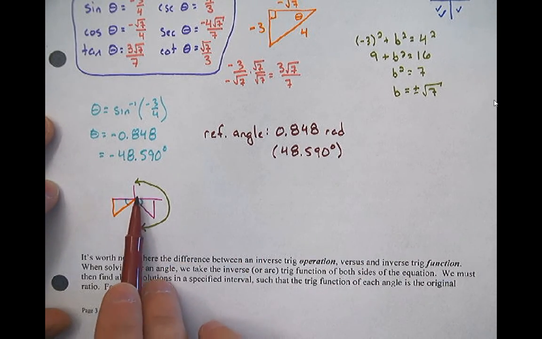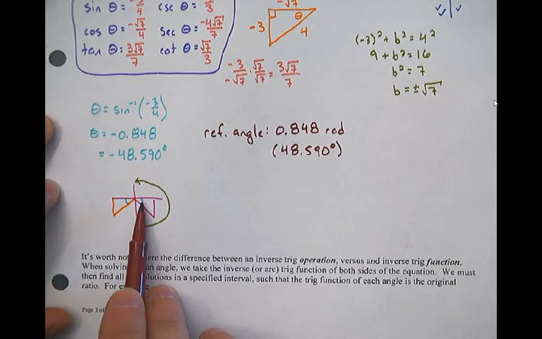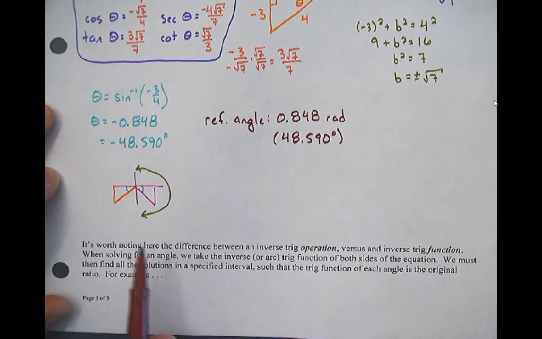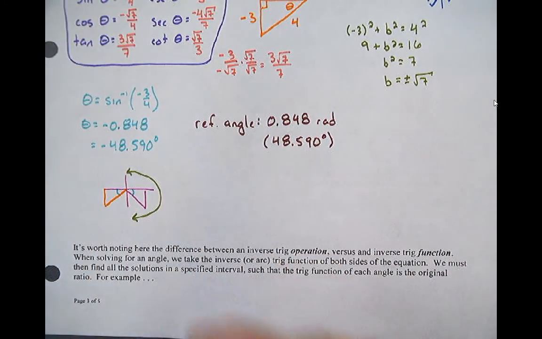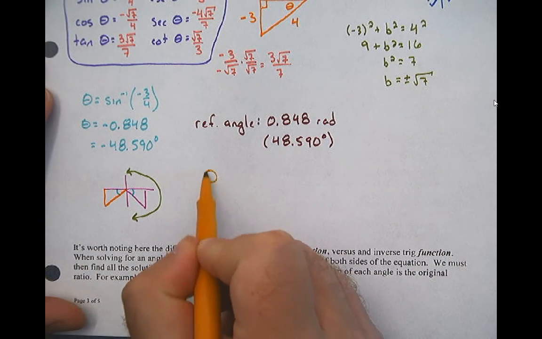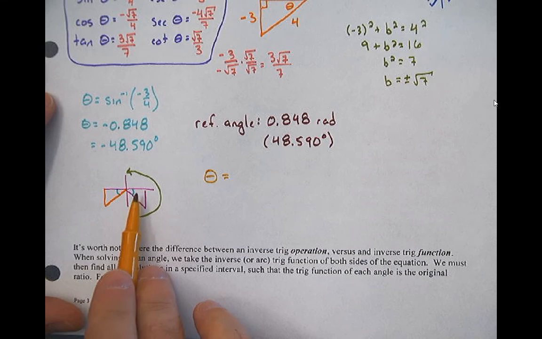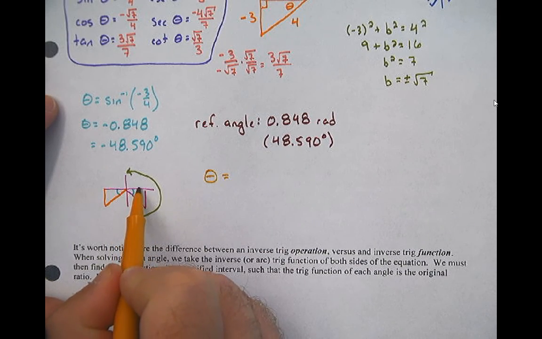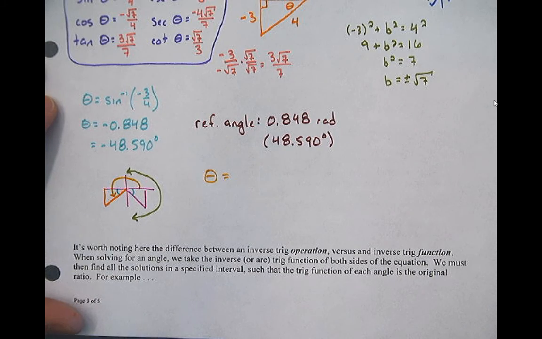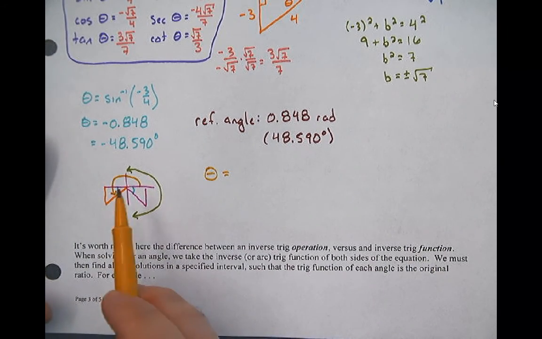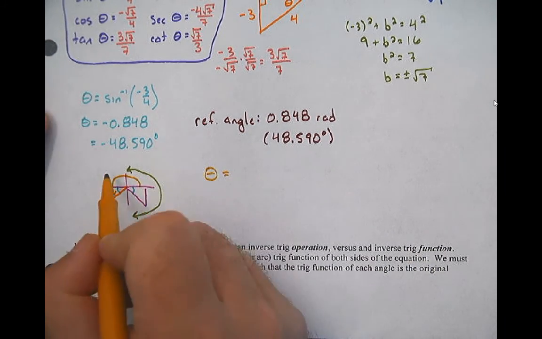Because it had to drop us down here into this quadrant 4, but the angle itself is still 48 degrees. So what is theta then? The question isn't what's the reference angle, that's one of them. But what is theta? Well, how would you get theta if theta would be then this all the way around to there? Think about it. Try it on your own. See if you can figure out, pause here, see if you can figure out what theta is.